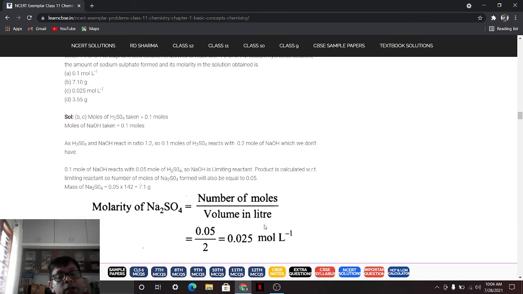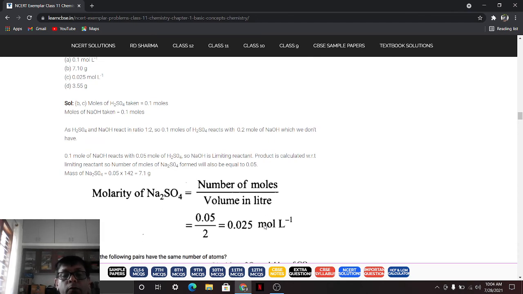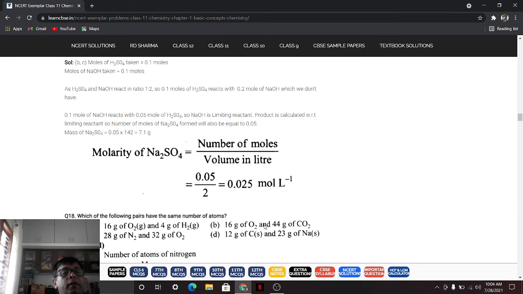Molarity of sodium sulfate is equal to number of moles divided by volume in liters. Number of moles is 0.05, and volume is 2 liters, so that is equal to 0.025 mole per liter. Therefore, options B and C are correct here.